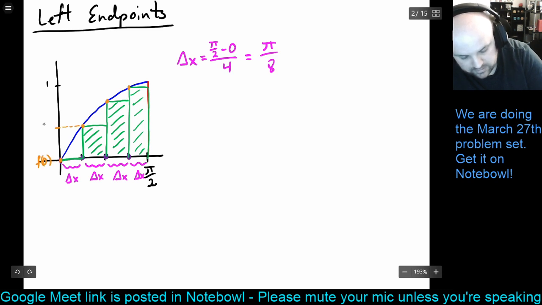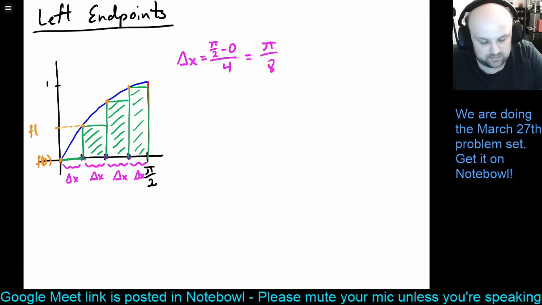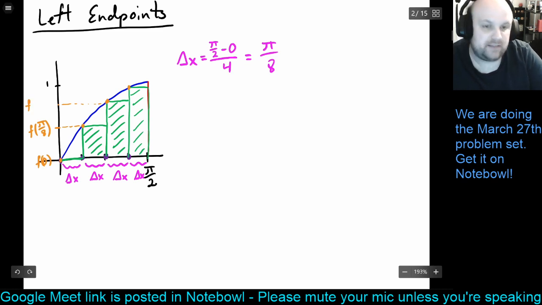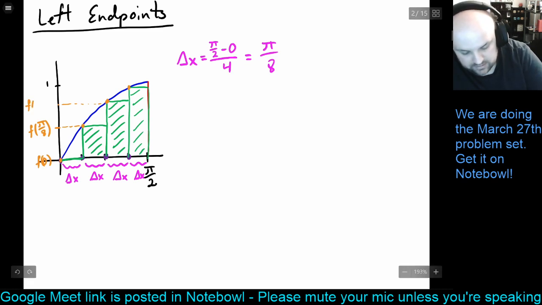This one is f of, when I move from 0 by 1 delta x, I'm at pi over 8. When I go to the next one, this is going to be pi over 8 plus another pi over 8, that's pi over 4.